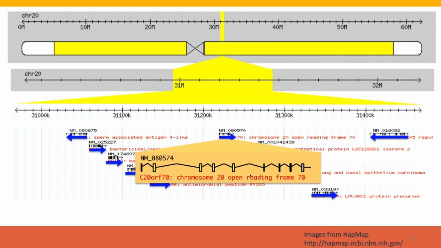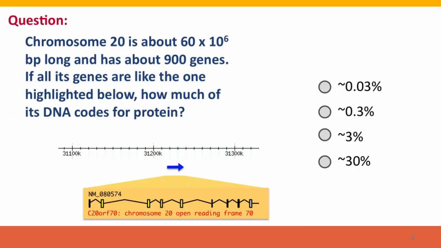And again, in this representation, we see the exons represented as boxes, and the introns represented as spaces joining the boxes. Only the boxed parts code for protein. Only they will be assembled into the final messenger RNA that's translated into protein.